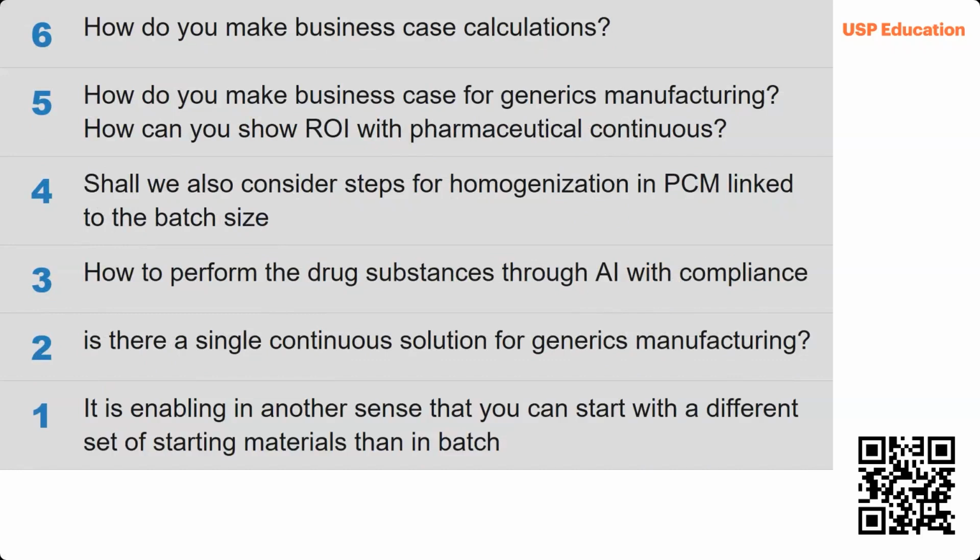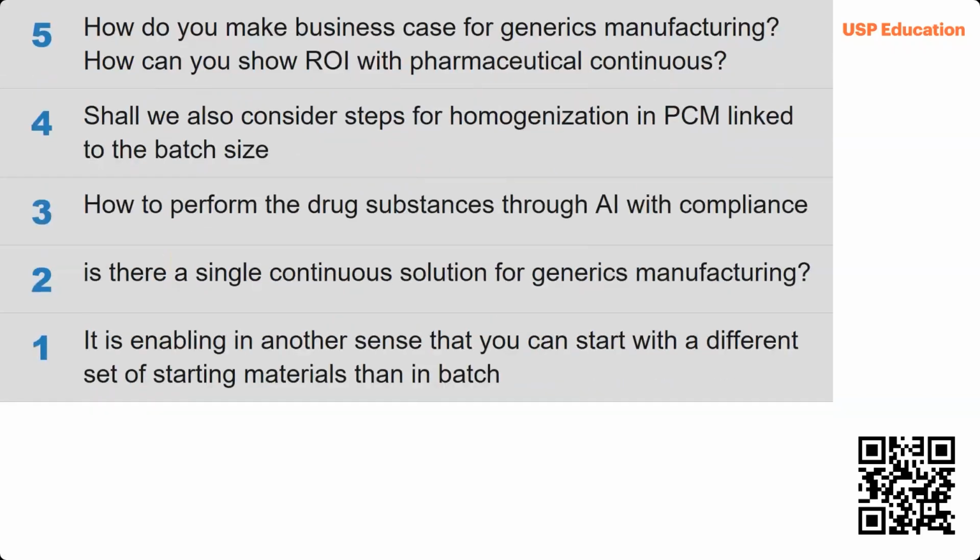It is about the value of the product versus the volume of the product. Usually you have high value products, and then it makes sense to transfer them for low volume applications, almost like rare disease products. The other way around, if you have a high volume but maybe lower value product, you make the business case due to the volume and the productivity. So there's not a straight answer. It depends on what the generic looks like.